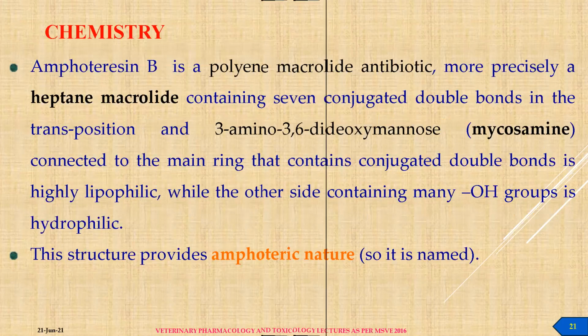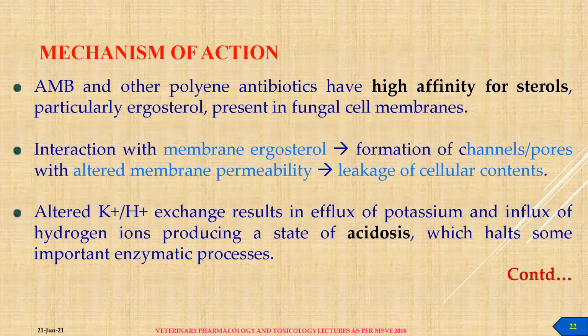Coming to the mechanism of action, it is very similar to the general mechanism of the other antifungal drugs. It has very high affinity for sterols, particularly ergosterol, present in the fungal cell membrane.